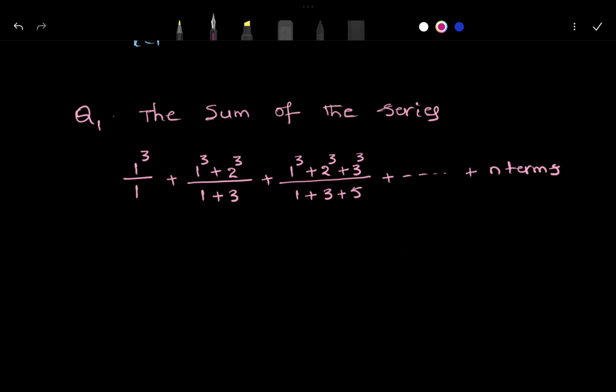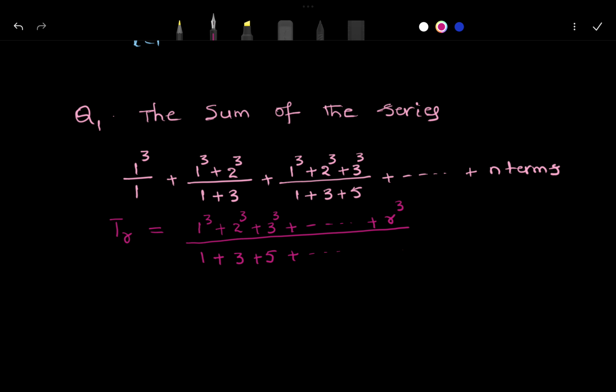First we will write what the rth term is. The rth term is denoted with tr. That value will be equal to 1 cube plus 2 cube plus 3 cube and so on plus r power 3, whole divided by 1 plus 3 plus 5 and so on.